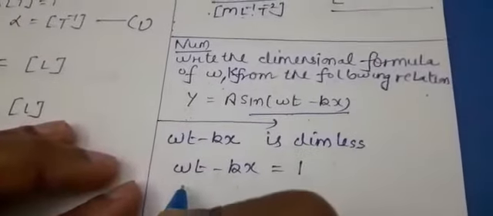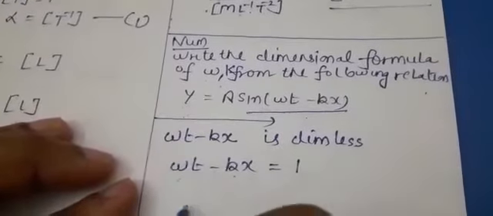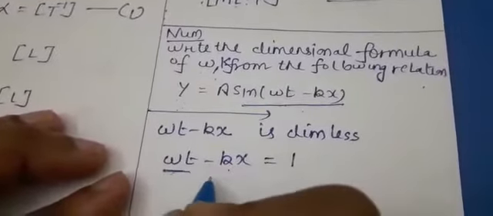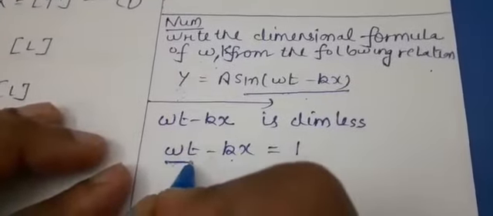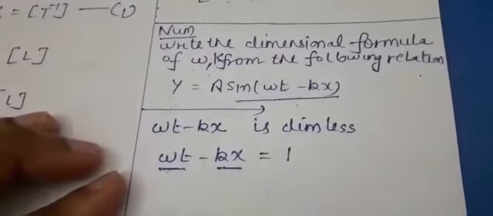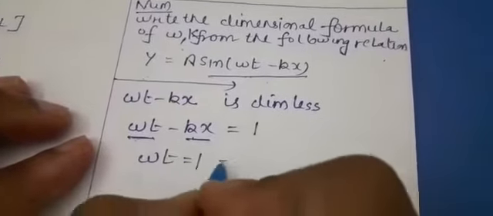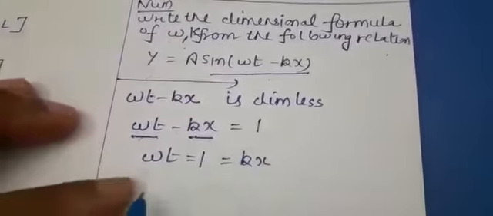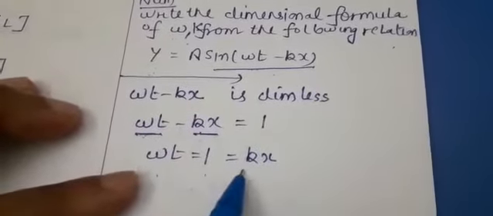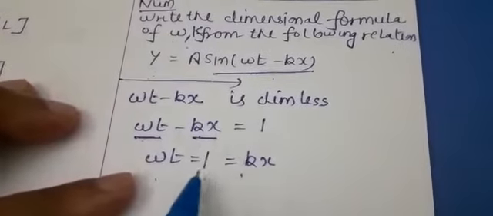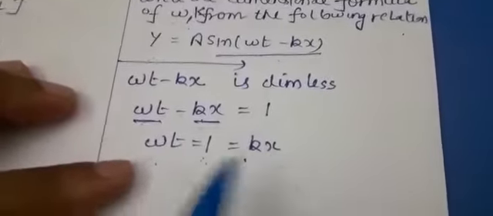Or you can say only like quantities can be subtracted. It means each of these products, omega t and kx, is dimensionless. So you can take omega t as 1, which is equal to kx. Why? Because both have the same dimension formula, as both are dimensionless.